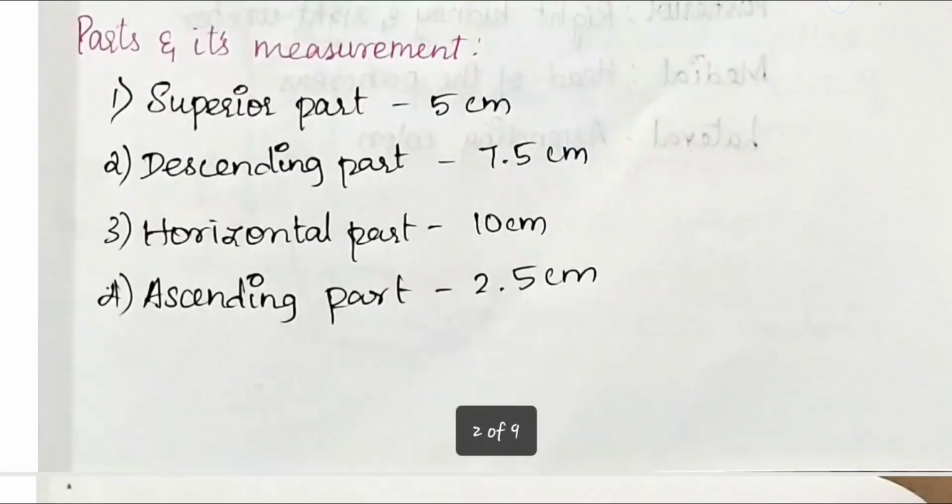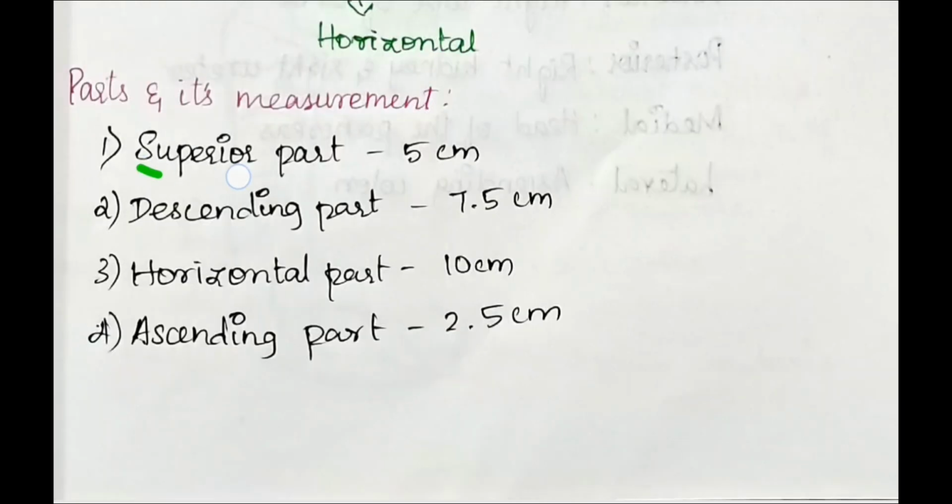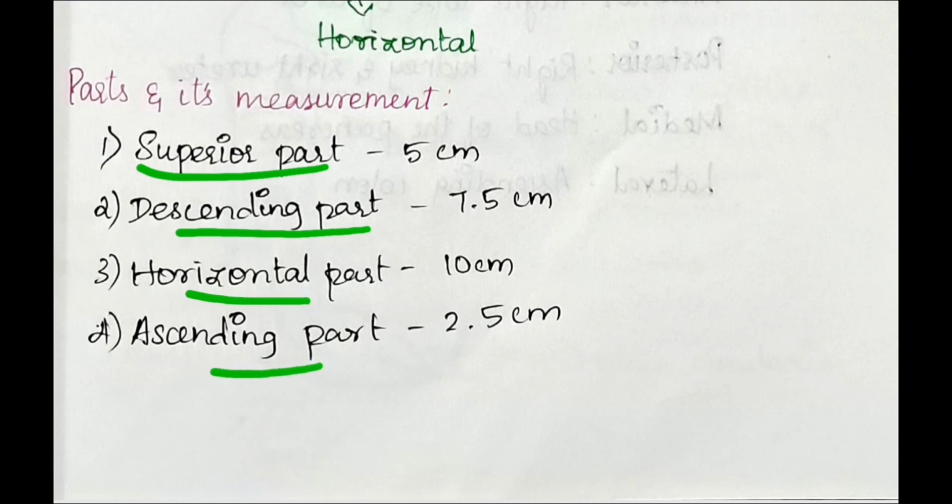Coming to the measurements: the superior part is 5 centimeters, the descending part 7.5, the horizontal 10 centimeters, and the ascending part is 2.5 centimeters. To remember it easily, first see the ascending part, which is 2.5 centimeters. 2.5 plus 2.5 is 5 centimeters, that is the superior part. 5 plus 2.5 is 7.5 centimeters, that is the descending part.